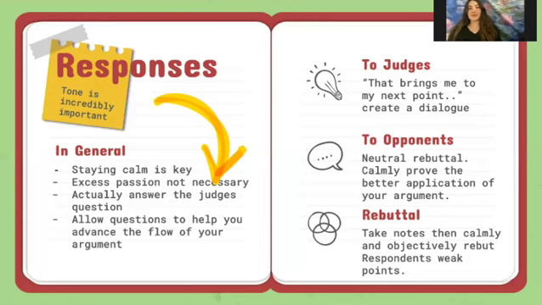So you want to be able to use these questions, even though they're an interruption to your argument, in order to flow back into your argument. One of the ways of doing this is to point out the implication of the question that they're asking. So responding to your judges, you need to use a lot of deference.